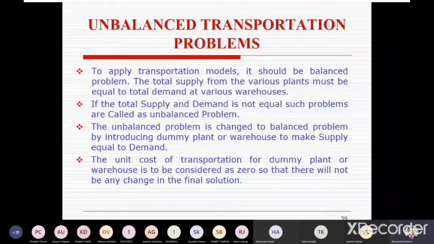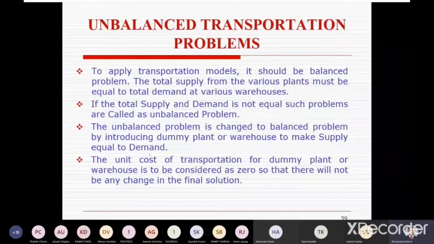The unbalanced problem is changed to a balanced problem by introducing a dummy plant or warehouse. We know that we represent plants by the rows and warehouses by the columns. If the supply and demand are not equal, we have to first make them equal and then we can solve the problem.